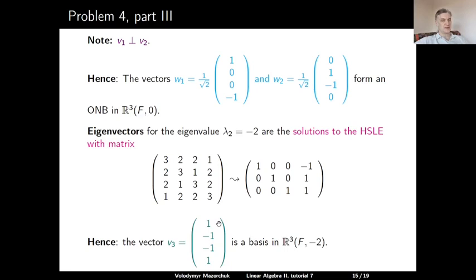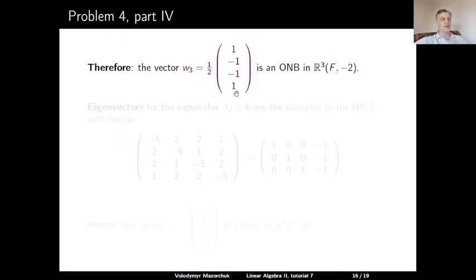This vector has length 2. Therefore, when we norm it, we get the vector 1/2 times (1, -1, -1, 1), which we denote by w3, and which forms an orthonormal basis in the subspace of all eigenvectors for f with eigenvalue -2.